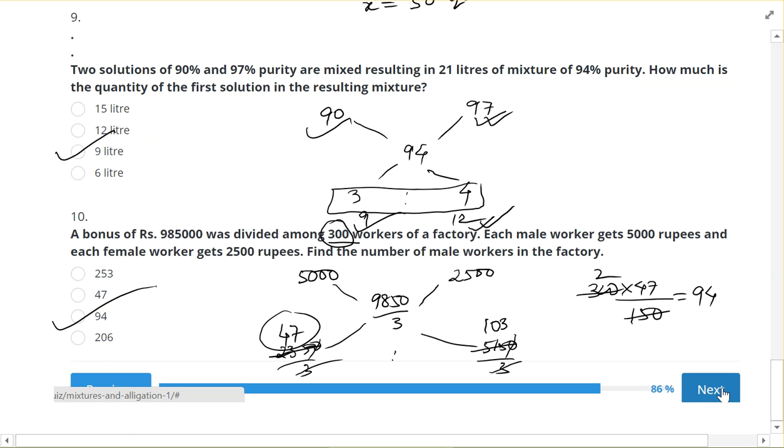Let me explain it again. 985000 is the total value paid to 300 people. So overall average is this, and average is always written here. Every male gets 5000, just like the average of male wages. So it is 5000 here, and average of female wages is here.